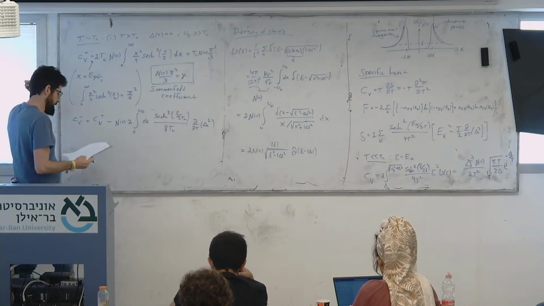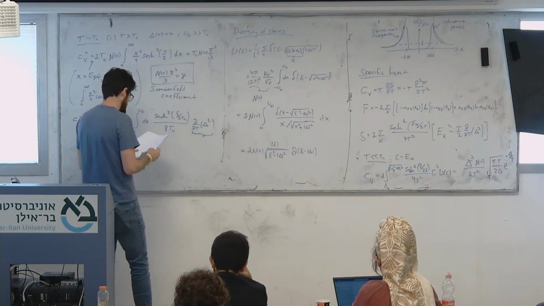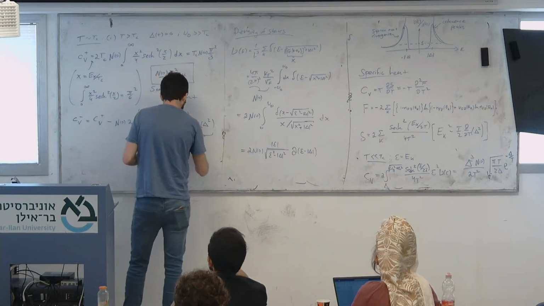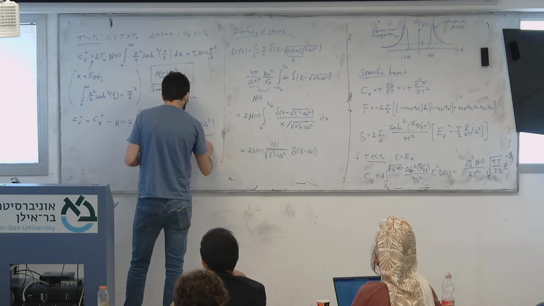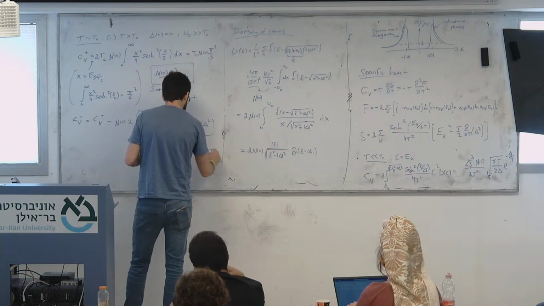Now this thing, later today I will show you that this guy is equal to minus 8 pi squared over 7 zeta of 3 Tc.